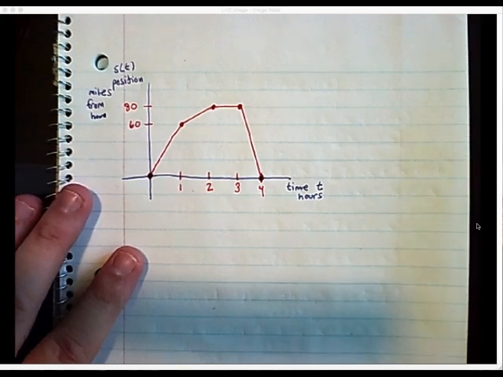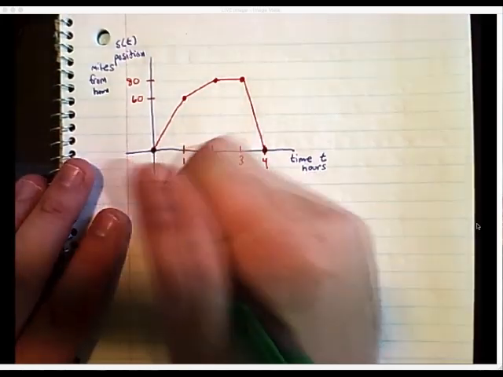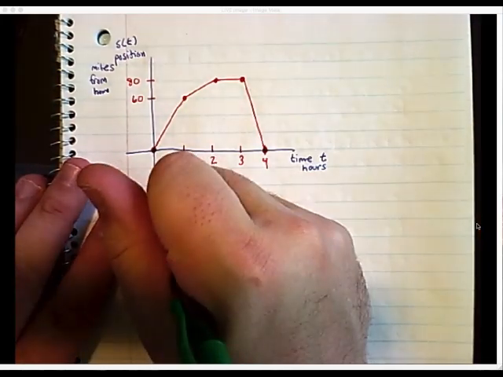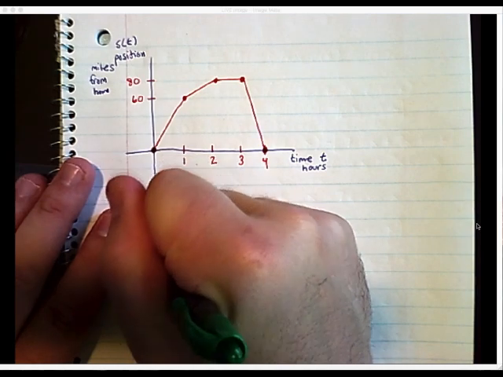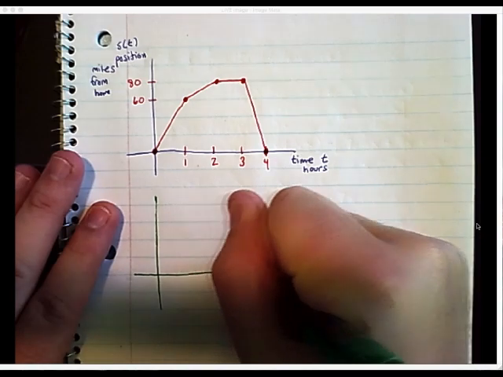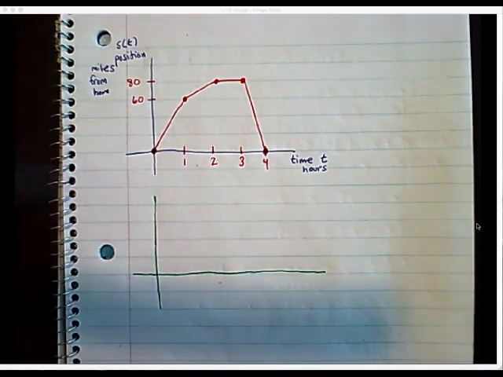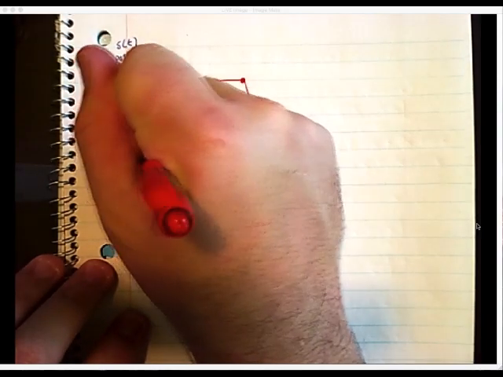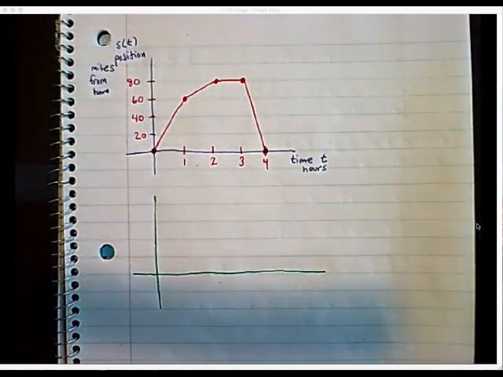Now, what would the velocity graph look like? Let's go over that next. And let me just put the other numbers in here. I put every tick mark to be 20 miles.